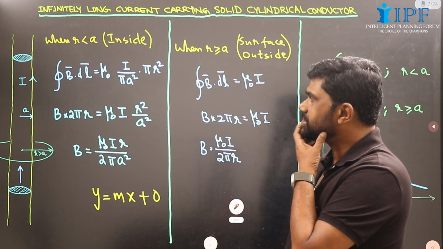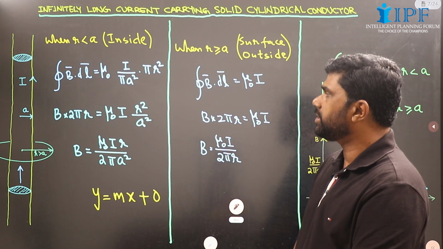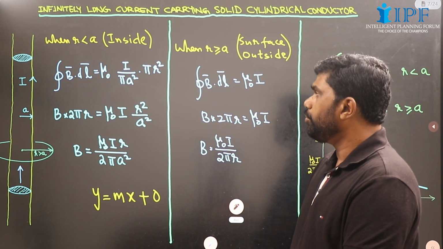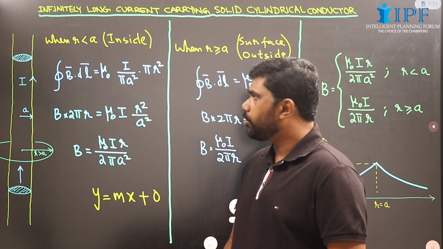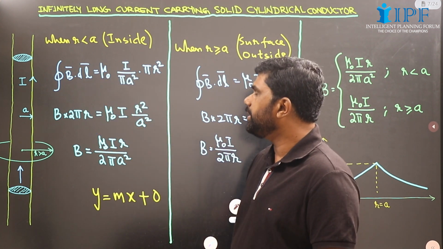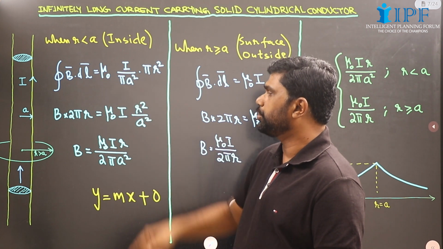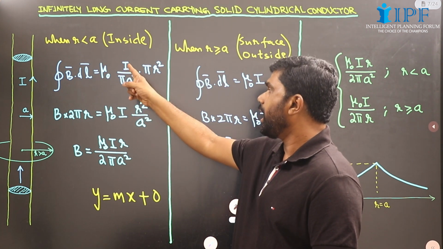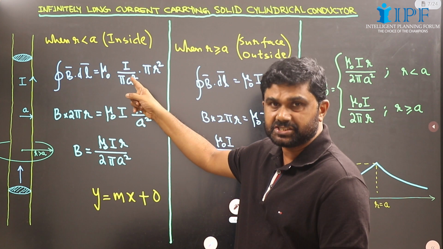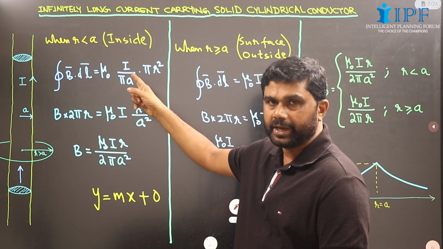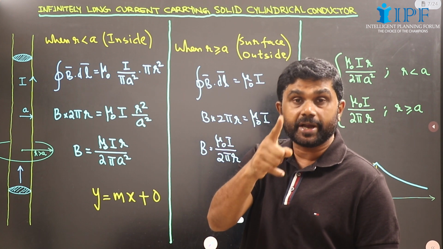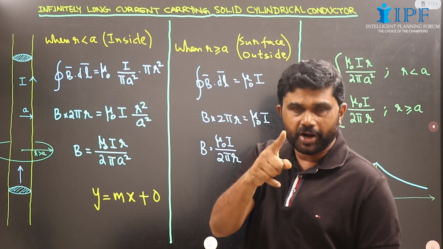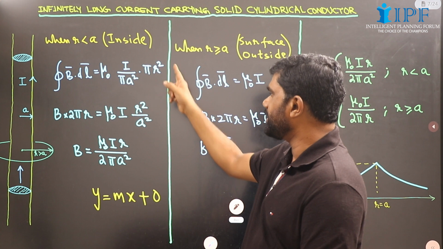Now when small r is less than a, meaning inside the conductor, B dot dl will be B into 2πr, and μ0 times I by πa² is the current density, the current through unit area, and the area enclosed by a circle of radius small r inside the conductor will be πr².